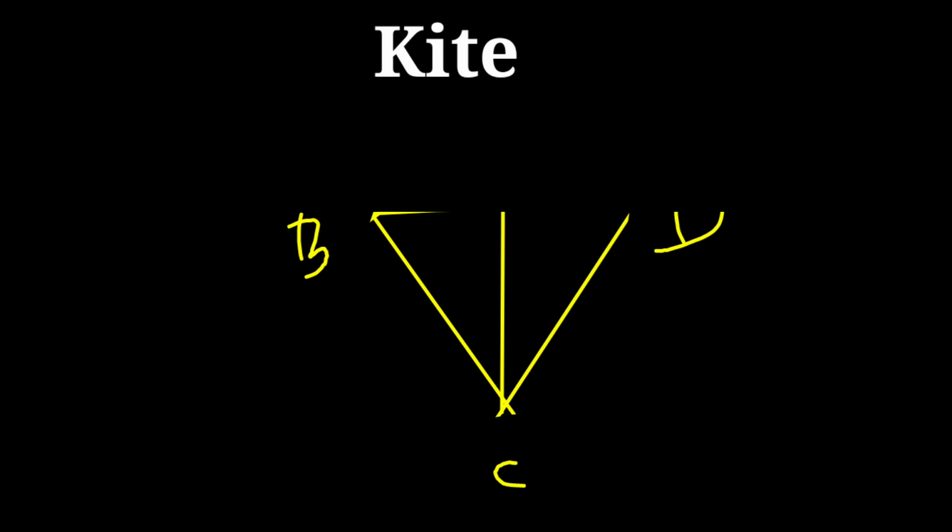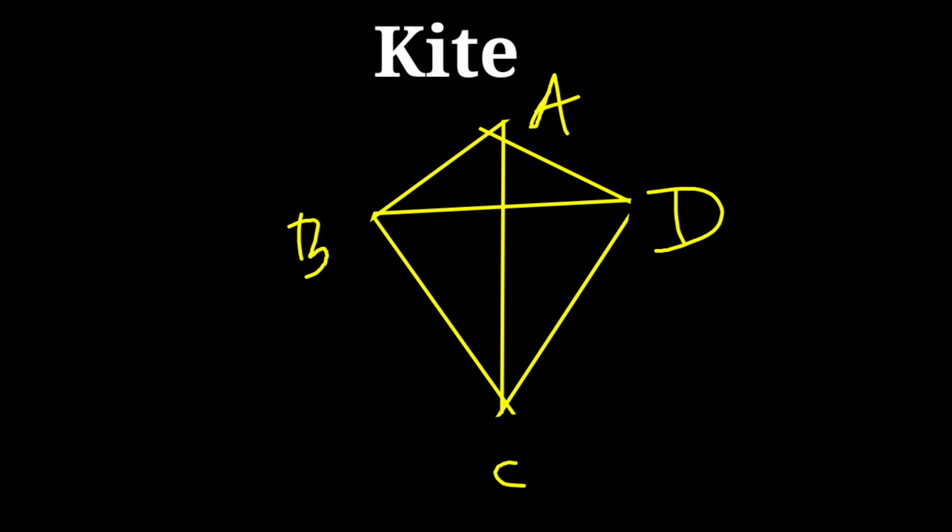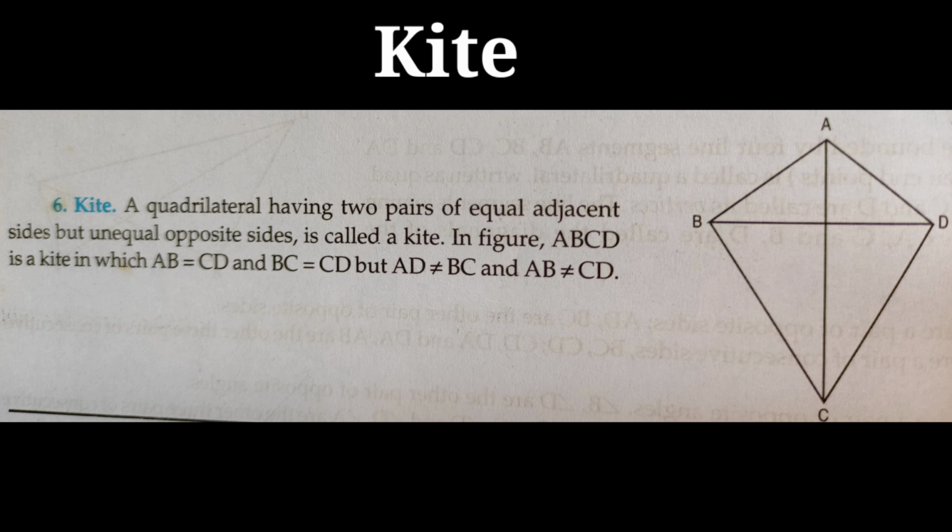Then coming to another quadrilateral, that is called the kite. This is the drawing of the kite. Many often we make the kite on our own, especially the young boys. They do competitions, they make their own kite.